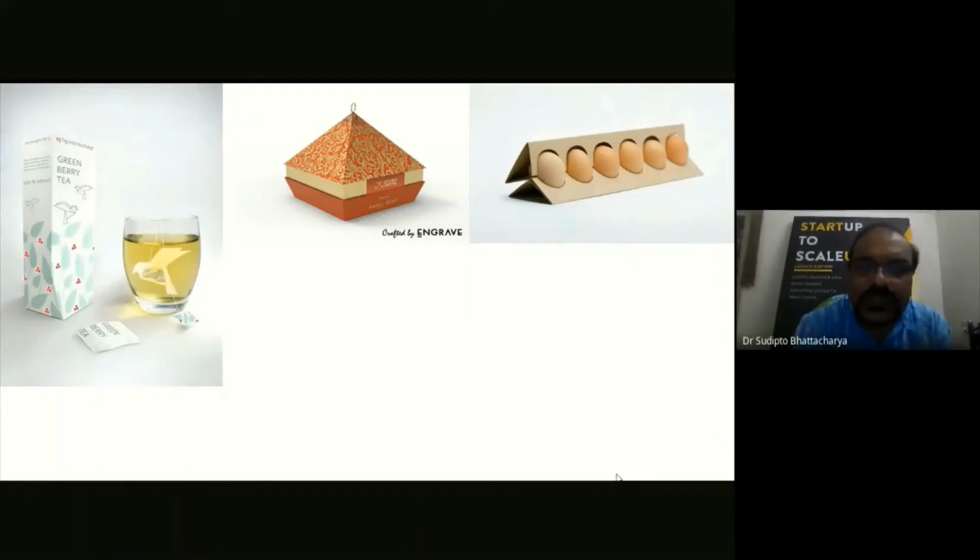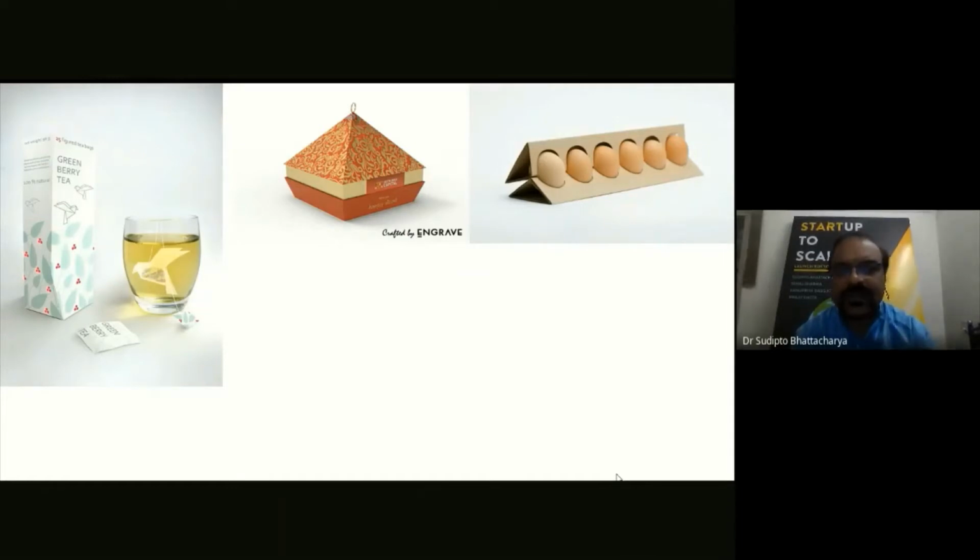If you see this particular slide, on the top right you have a designed egg container, which has been made with minimal materials. This egg container is itself biodegradable in nature. In the middle, there is a Deepavali gift prepared by an investment company, designed in such a way that it looks more like a jewelry box.